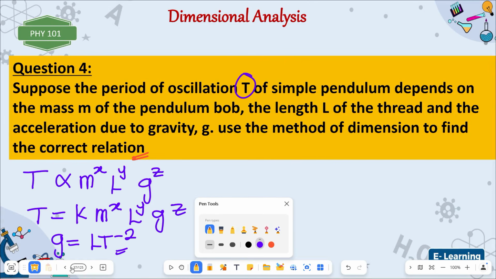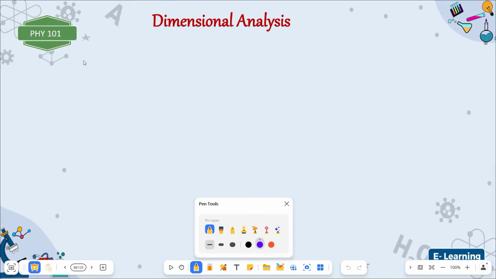So what we are now going to do is substitute their dimensions into this equation. The equation says T is equal to K m^x l^y g^z.